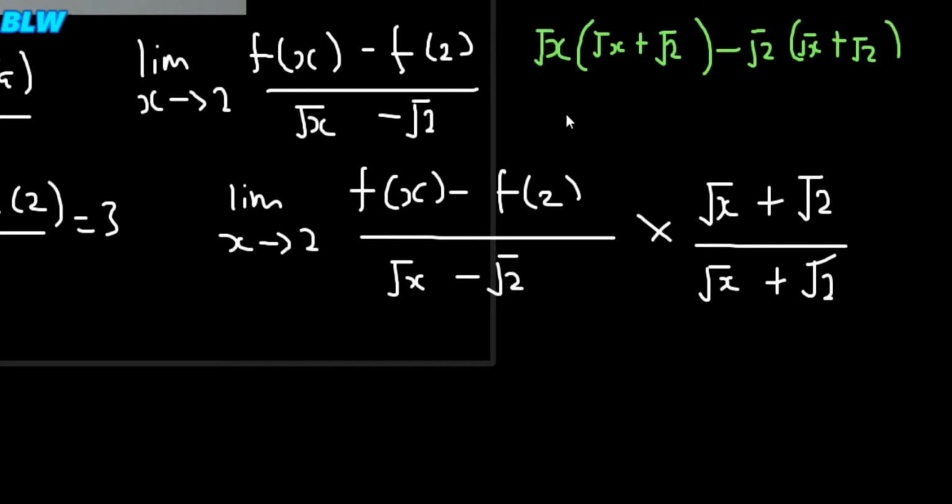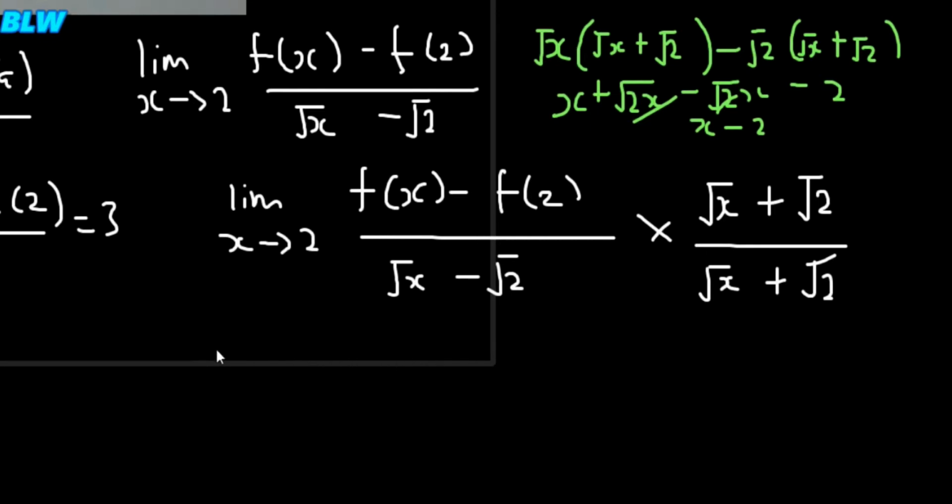Okay, so let's do this. So I have x plus root of 2x and then minus root of 2x minus 2. So this and this will cancel out. At the end, I'll have x minus 2. So that tells me that the denominator will now be x minus 2. So now let's continue.